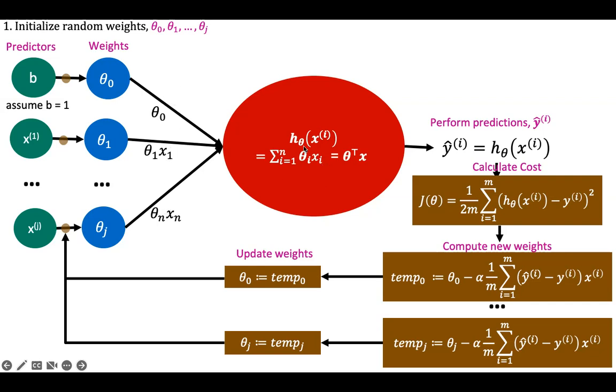And we can represent it using this equation for all of the instances or all of the samples in the training set. We take theta times x. And this is also equivalent to its matrix representation, theta transpose x. So this is equivalent to this part.